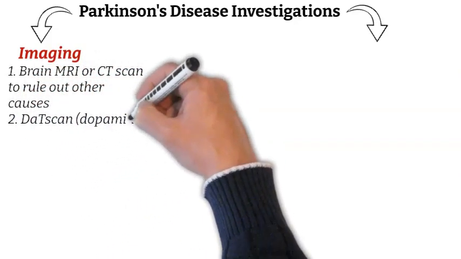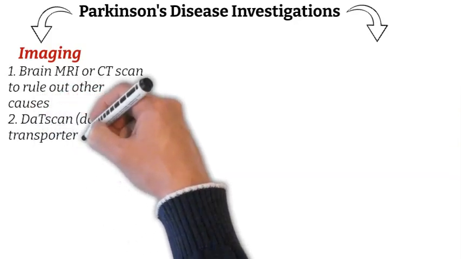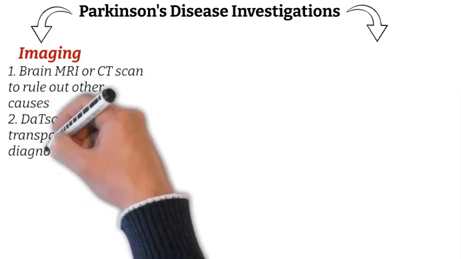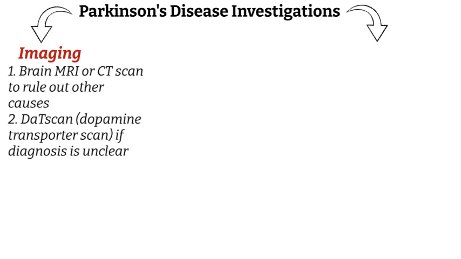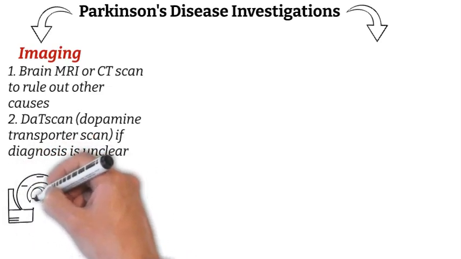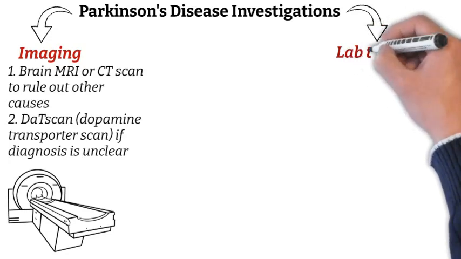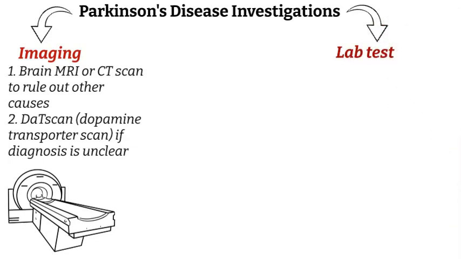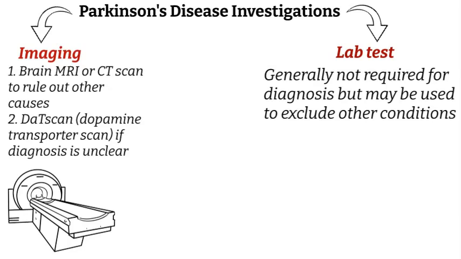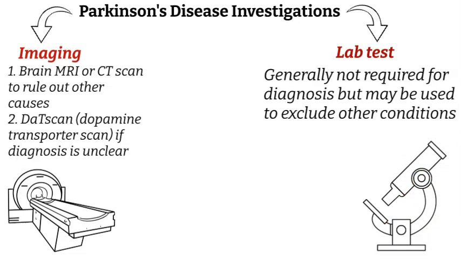A dopamine transporter scan is done when the diagnosis is uncertain or unclear. So basically, imaging can be used in order to exclude other causes. Lab tests are not actually required for the diagnosis, but generally they can be used for the exclusion of other conditions.